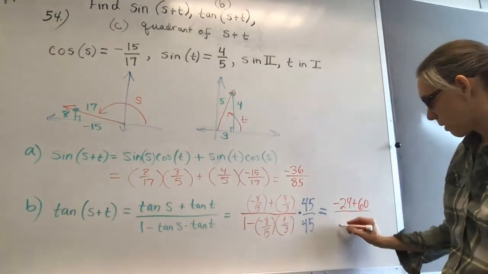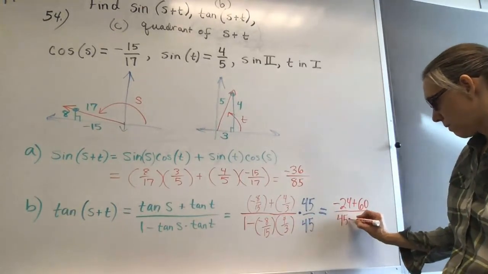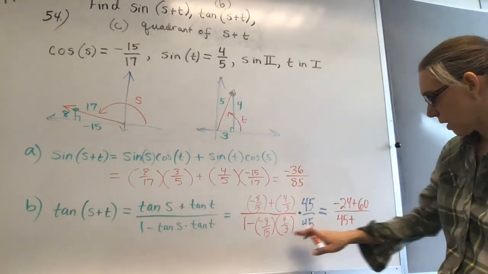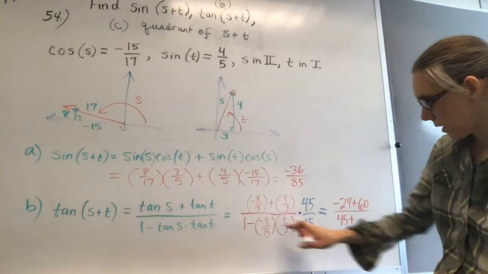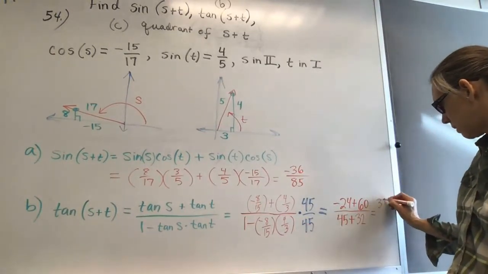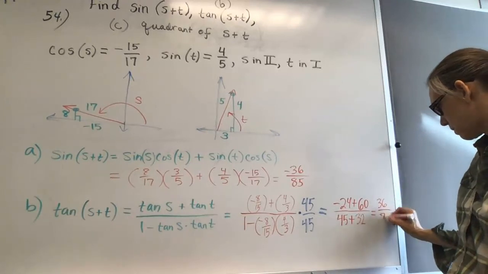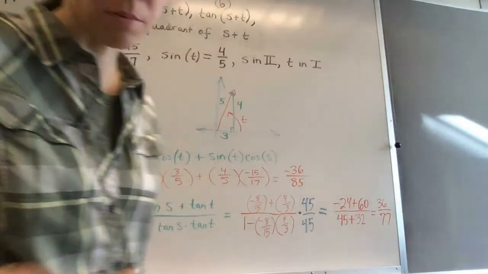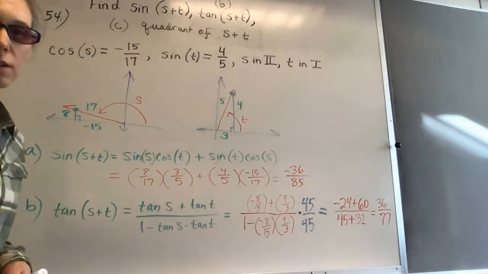Here I end up with 45 plus, negative is a plus, 15 and 3 cancel entirely with 45, leaving me with 32. So this is 36 over 77. These are not problems that you can just rely on your calculator for.